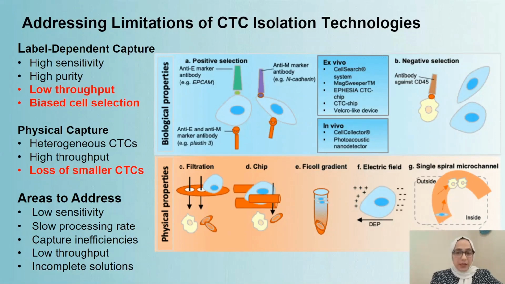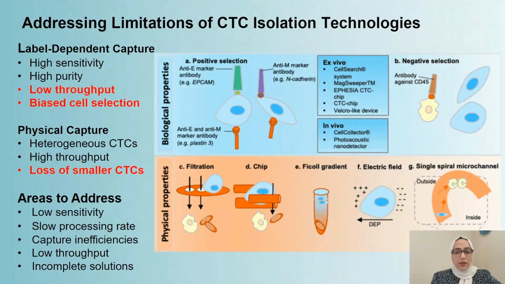However, physical capture methods exploit differences in properties of cells, such as size, deformability, and density. These methods include, for example, filtration, Ficoll gradient centrifugation, electrical field separation, and many others. These methods are often capable of higher throughput, and the user can obtain a heterogeneous CTC population.